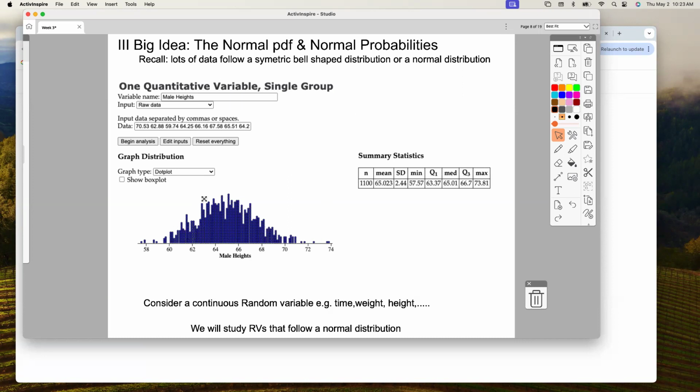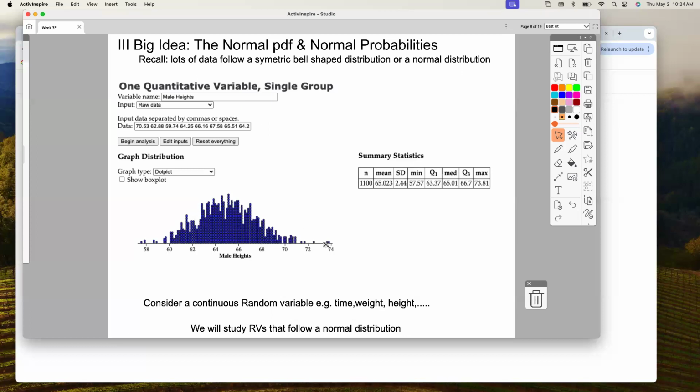And so here again, I went to a data site and got some data generated. So let's just say we had like 1,100 males that we measured in terms of inches. And so there are literally 1,100 dots here in this diagram.